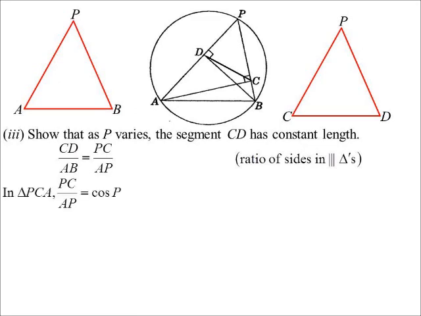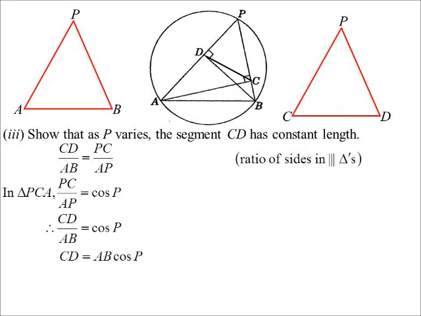Now, if I just look at triangle PCA, triangle PCA is in fact a right angled triangle. So PC over AP would be the cosine of angle P. So therefore, substituting in the other ratio, CD over AB is also equal to the cosine of P. Remember, we're trying to show CD is constant.